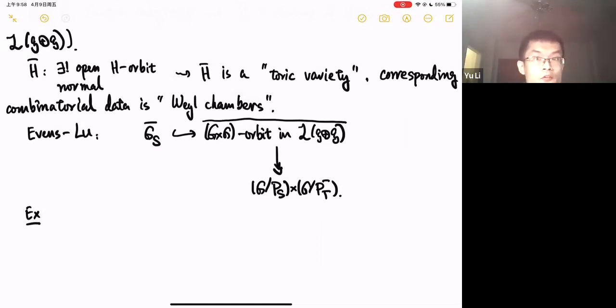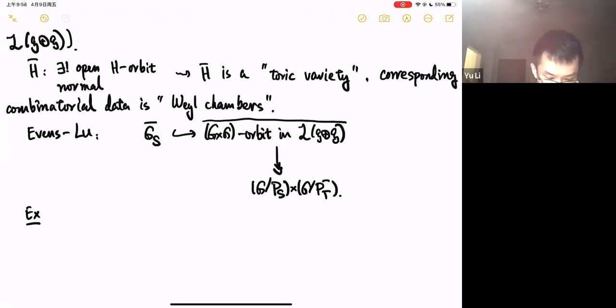If you are familiar with it, you will realize that this is a toric variety. We know that each toric variety corresponds to some combinatorial data called a fan. The fan corresponding to H bar is just the Weyl chambers. So this is one of the most important examples of toric varieties.